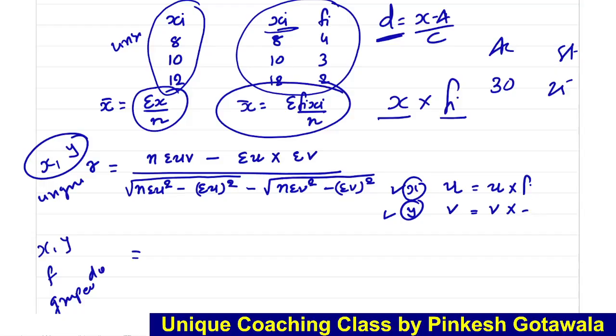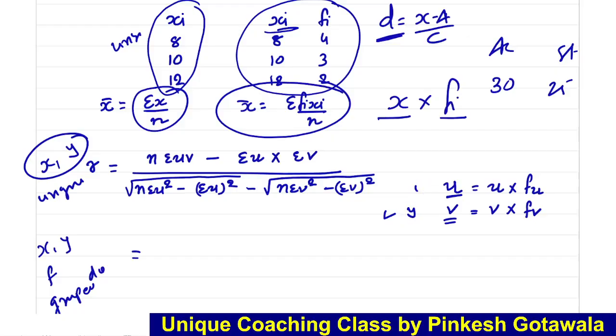So here we are not going to write only fi. We have to use the frequency of u. When we calculate u, we take the frequency of u, which is called fu. For v, we take the frequency of v, that is fv. So only these changes you have to remember.